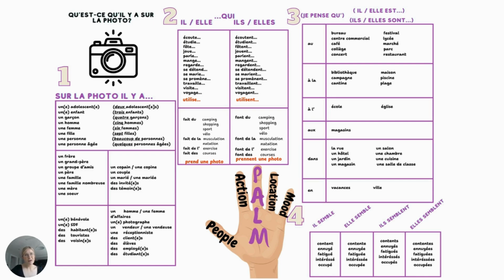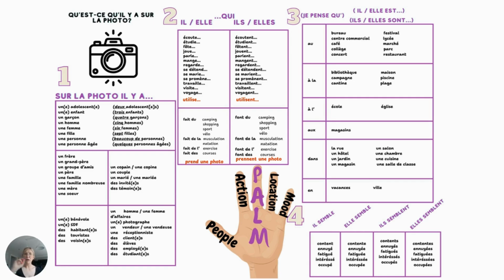So here we go. Take a photograph of this because I'm not going to stay on it for long. It's a little bit blurry, unfortunately, but this is a resource that you can use in order to help you with the PALM, not the O bit, but I'm sure you can do that bit more easily, of the photo card question. It's all in French, so if you don't know the English, that's the first task, okay?